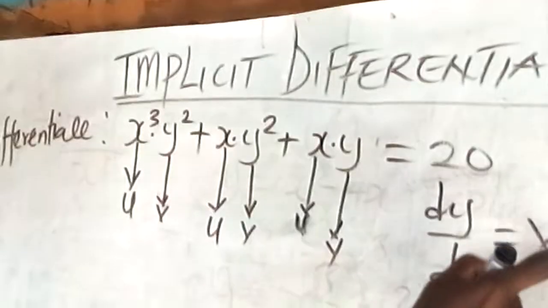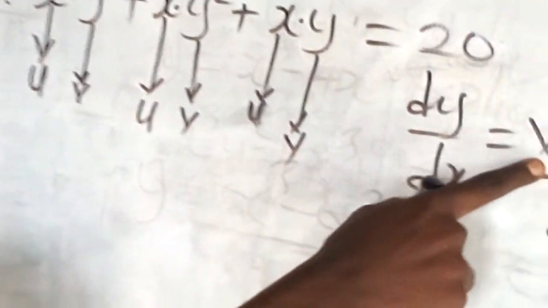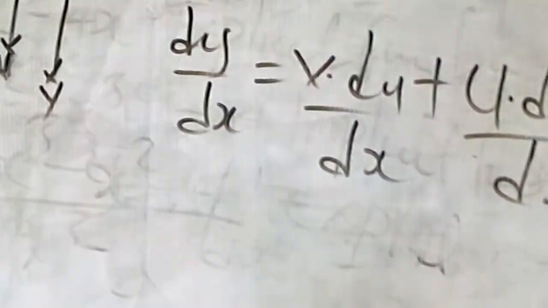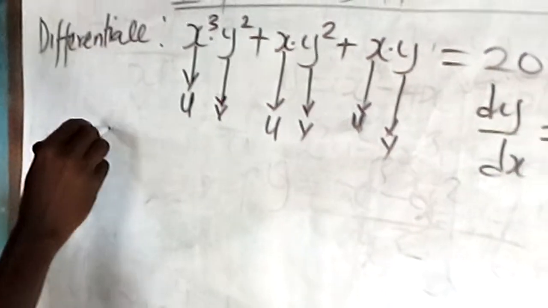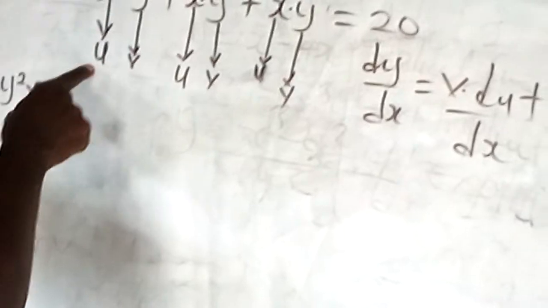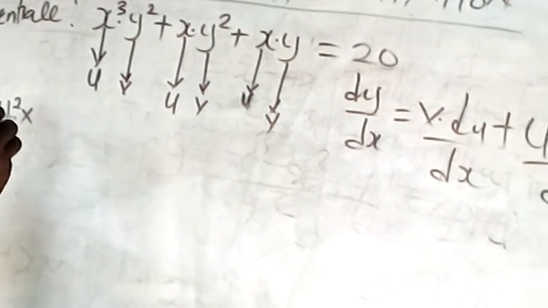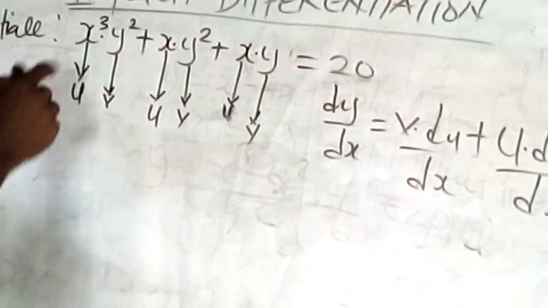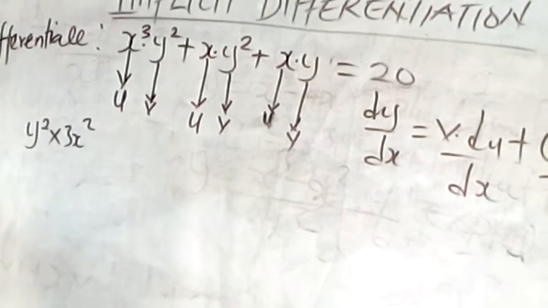Now, following this rule here, for this v, viewers, you can see v is what? y squared. So you put a y squared times du/dx from here. If you find the derivative of x cubed, you will get 3x squared. This will come and multiply the function, then you subtract 1 from the power, you have 3x squared.